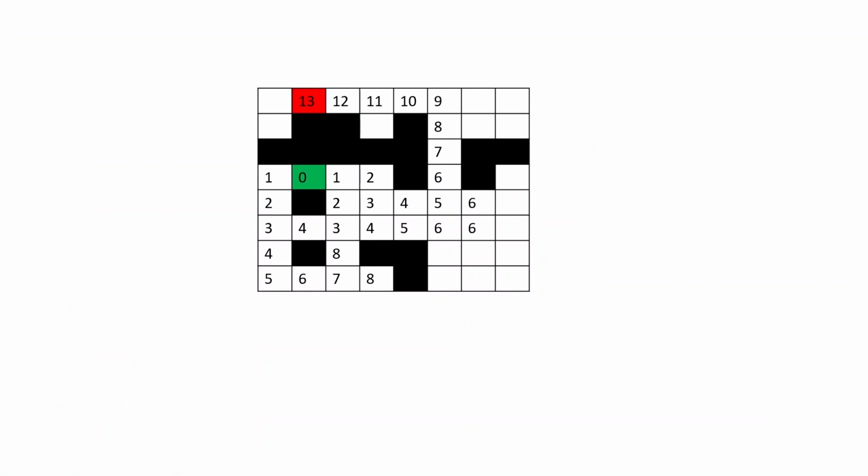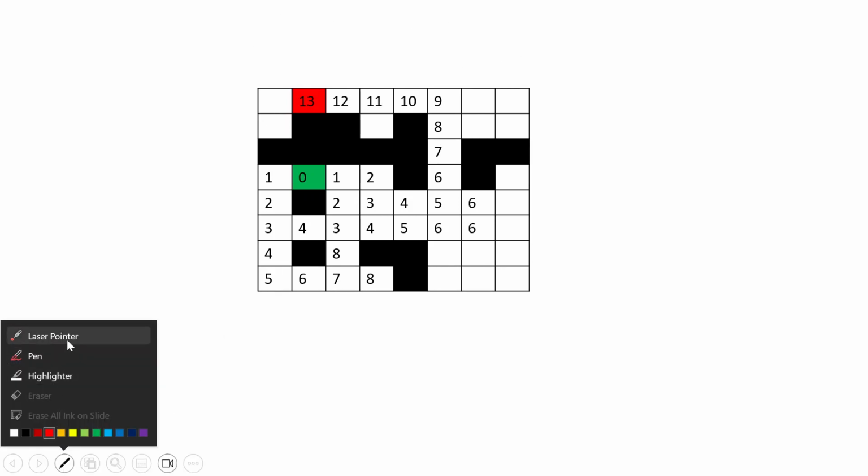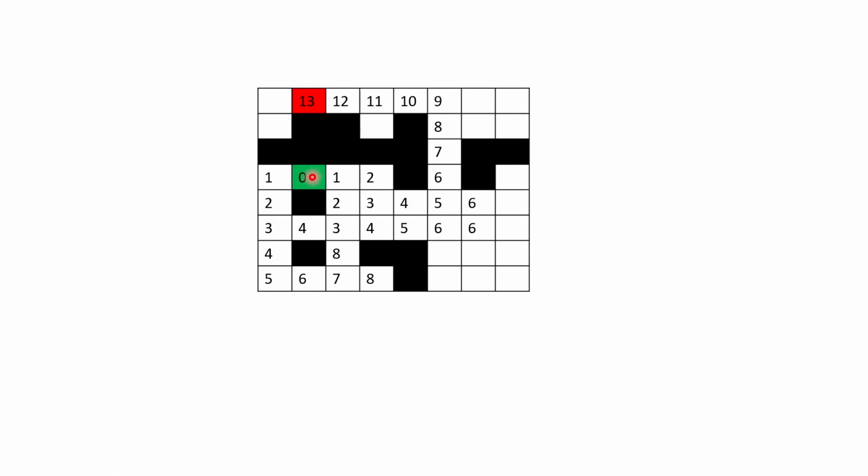As we can see, there is one starting point and one end point, and there are obstacles. The basic function of the Grassfire algorithm is to find the shortest way to move from the start to the end.